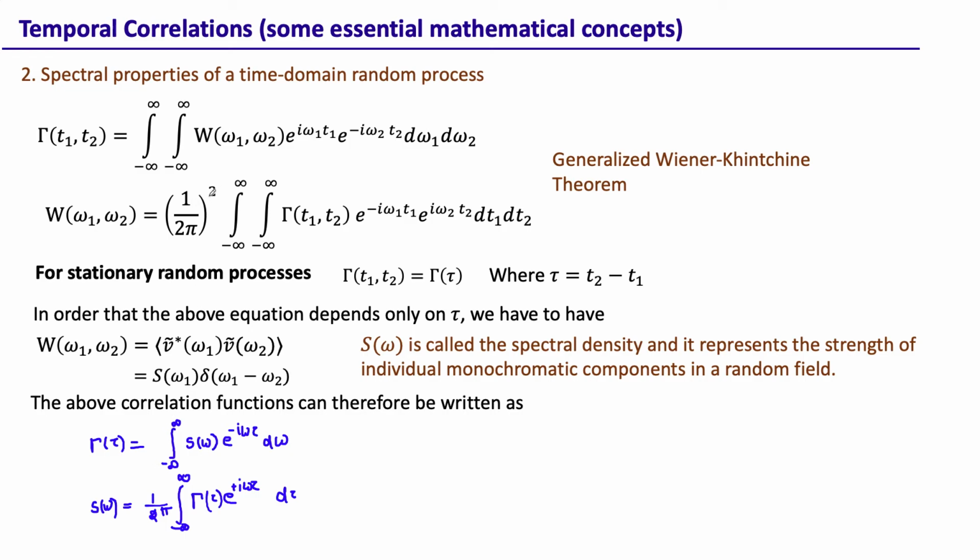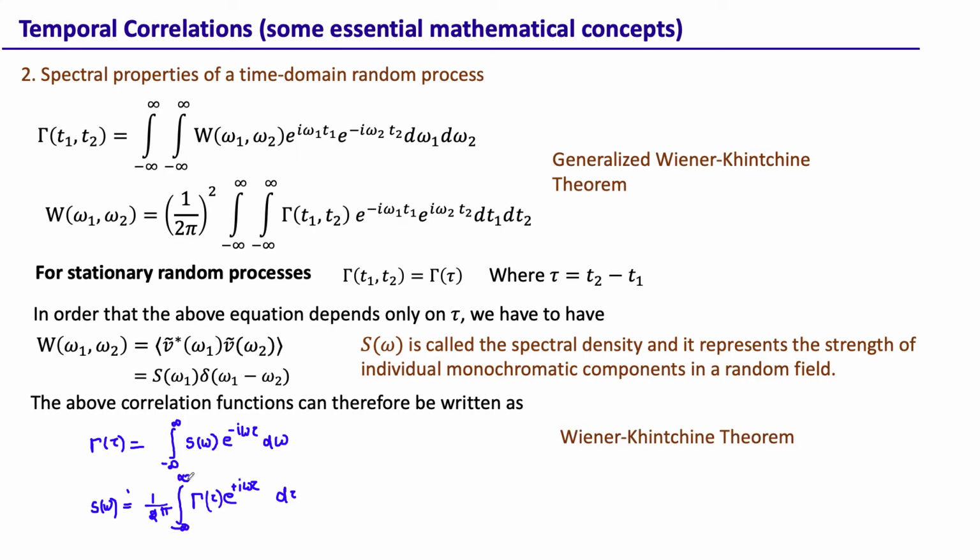There's a factor of 1 over 2 pi, because when you do the delta integral a 2 pi is involved, and that's where it goes away. So for a stationary random process, that's the correlation, and that's the spectral density, and these two are related by a Fourier transform. This is called the Wiener-Khintchine theorem.